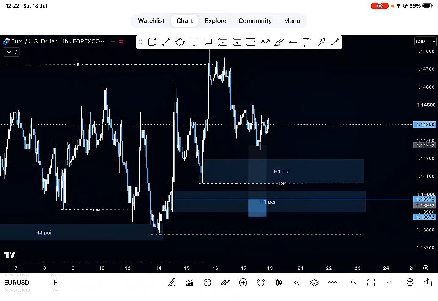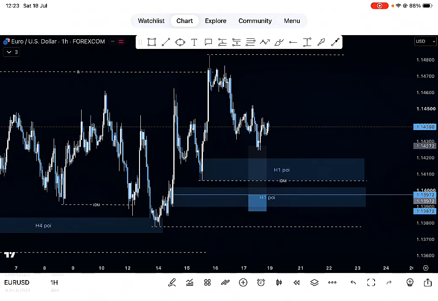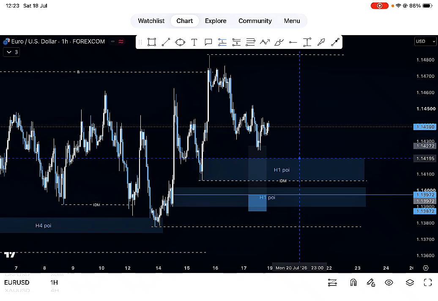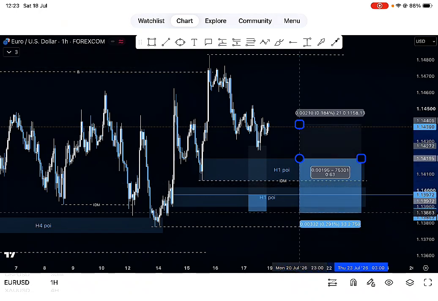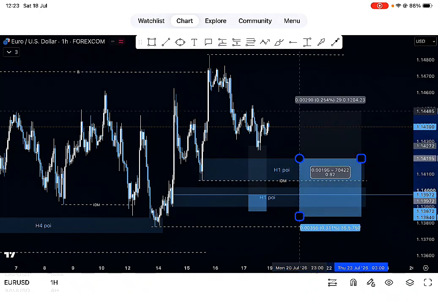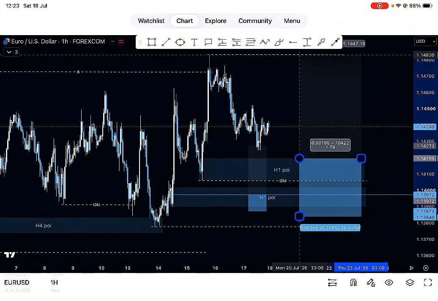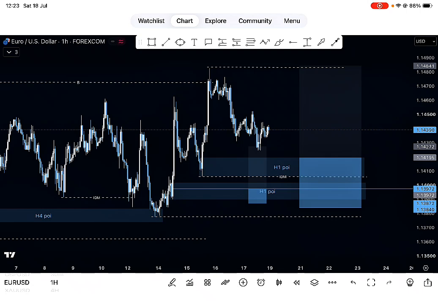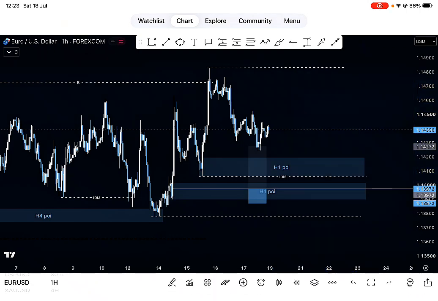It's my insight, showing you a possible scenario. Some traders can place their order from this POI, put their stop loss from this one and target this one. It's still good, but I can't risk this much, the stop loss is too much. But it can give you a good win rate.